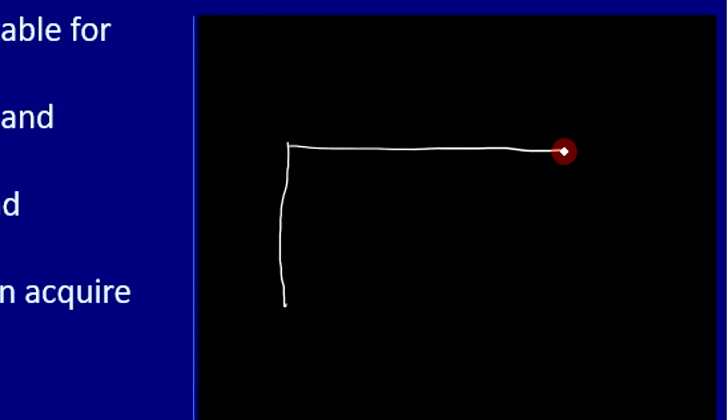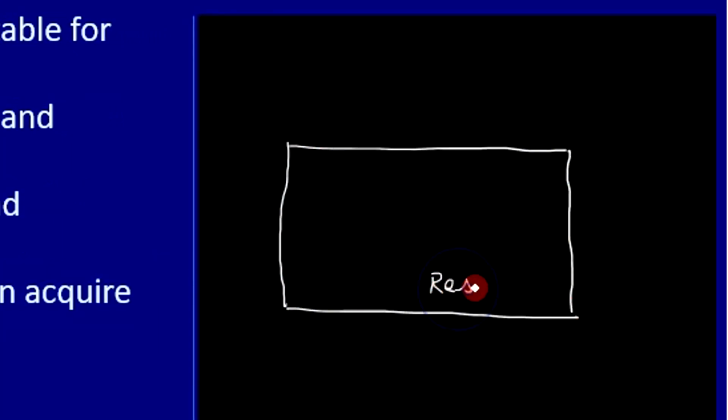Let's state that this is the resource. Here let's talk about the lock, and let's state that the lock is a reader lock. Let's state there is a reader thread.